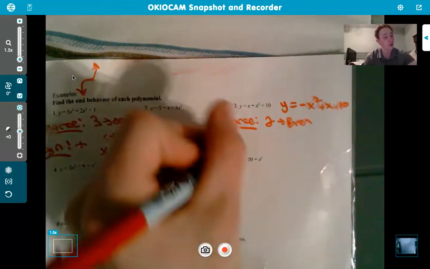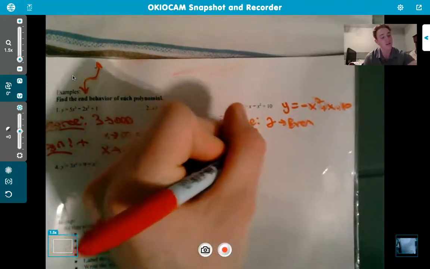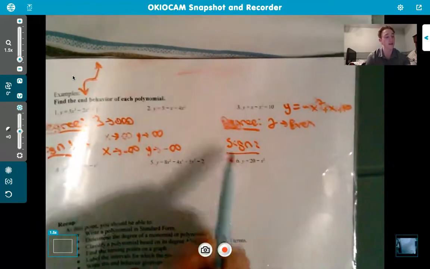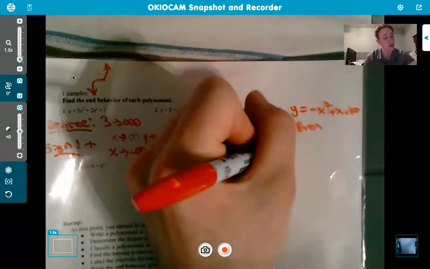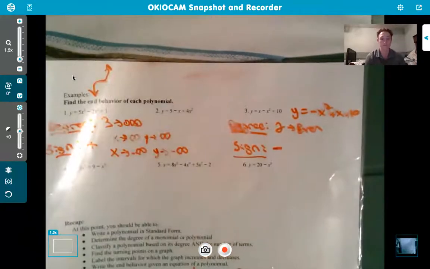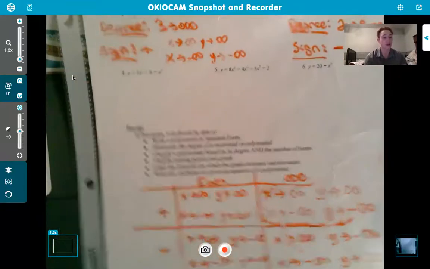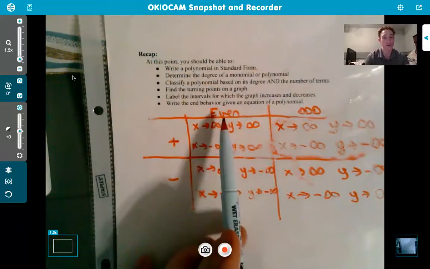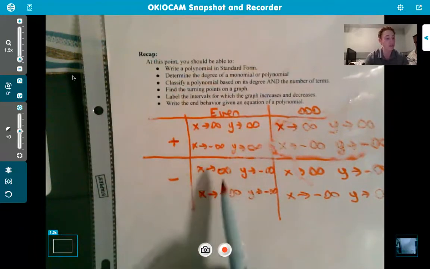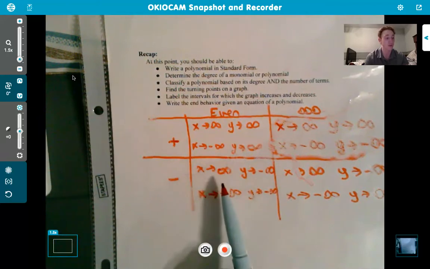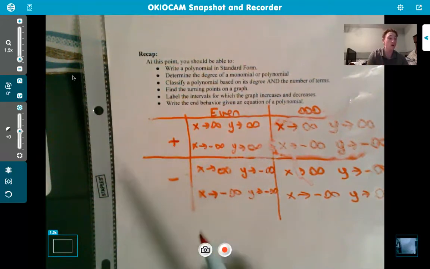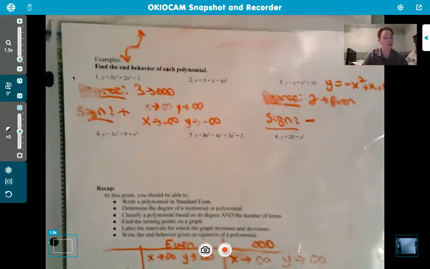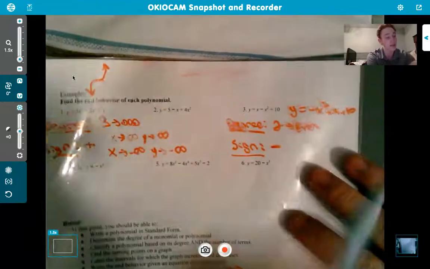Then I want to determine the sign of the coefficient in front of that leading term, well, notice that I have a -1. So I have an even degree with a negative sign in front. So I go to my chart, even degree, negative sign. This here is my answer. As x approaches infinity, so it's going in the positive direction, my graph is decreasing. As x approaches negative infinity, my graph is also decreasing. So how you would express your answer is exactly that, right?